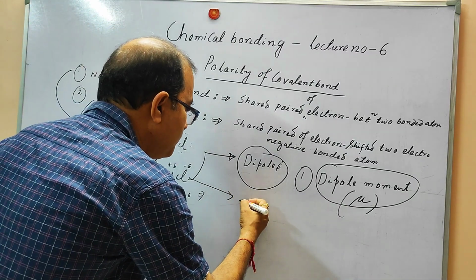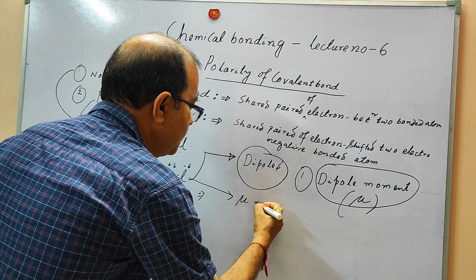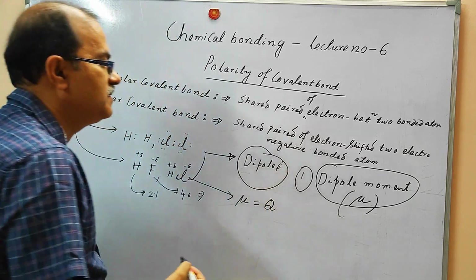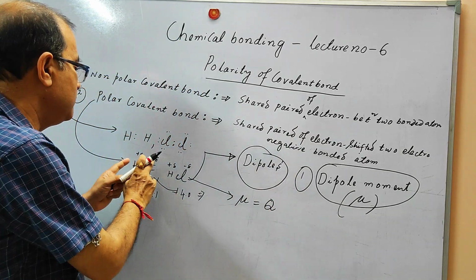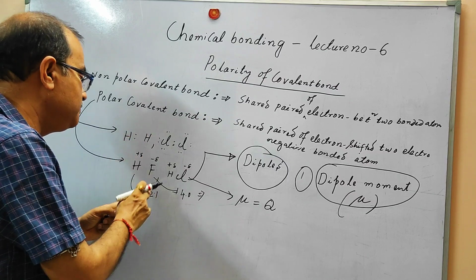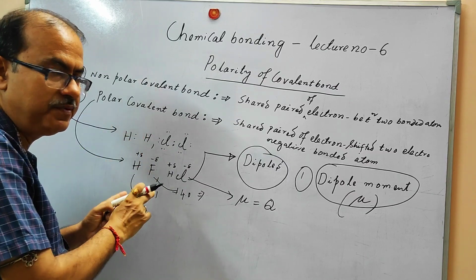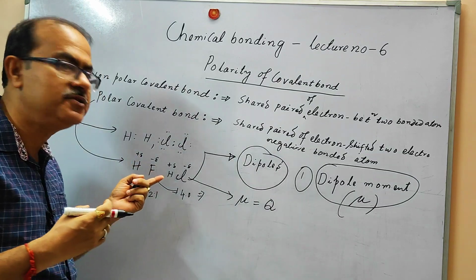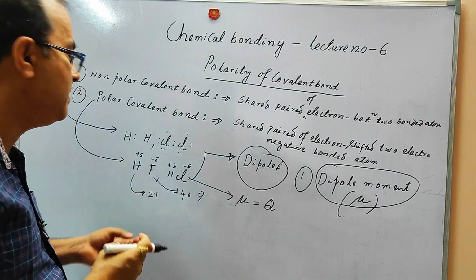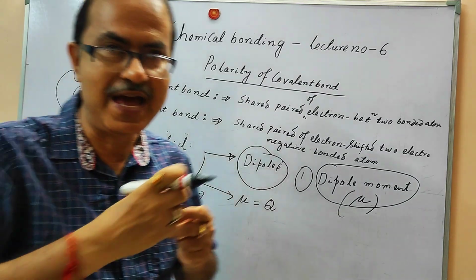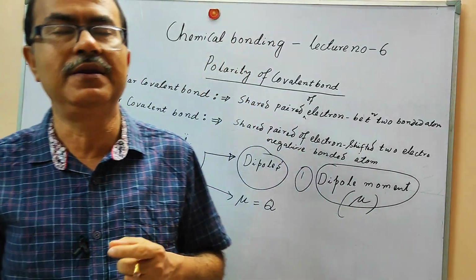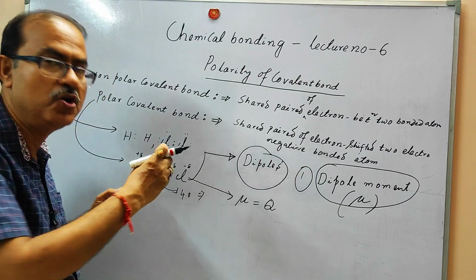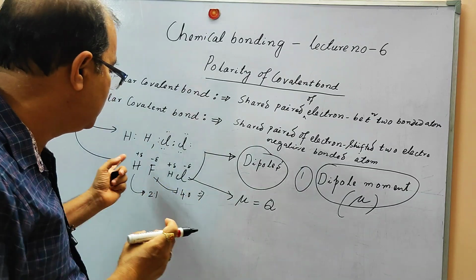So dipole moment mu can be written as Q times d. Q is basically the charge developed, the positive or negative charge developed in the molecule due to polarization. When the electron cloud has been shifted towards the electronegative element, it is called polarization of the electron charge towards itself.